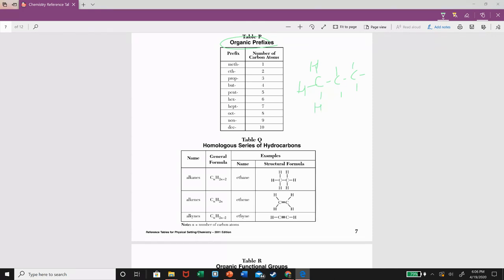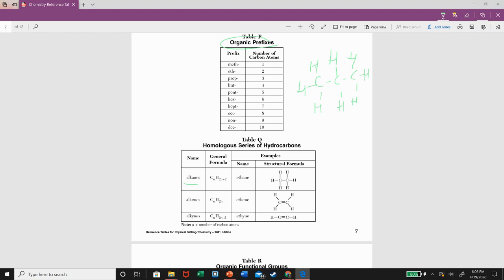H, H, H, H, H, H, H, and H. Okay, so here I have single bonds. Since there are all single bonds, this is going to be an alkane. And now I want to give this a name.